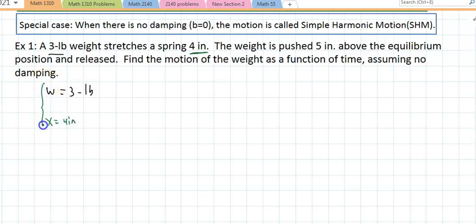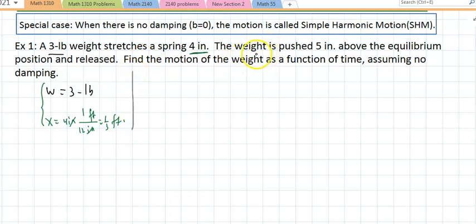That's what the force of 3 pounds caused, that much stretch. We need to convert that to feet. And if you remember, each 1 foot is 12 inches. So that's really 1/3 of a foot. That piece of information we like to keep separate.